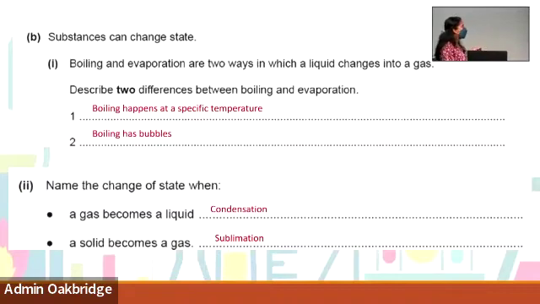If solid to gas, it's sublimation. Solid to gas will undergo melting first, because the solid is already an ice cube, and then it undergoes the melting process and becomes liquid, and then from liquid it becomes gas, boiling. But if solid straight away becomes gas, it will always be a sublimation process. Good.